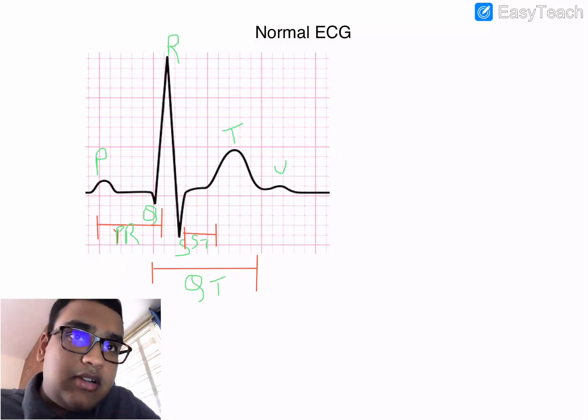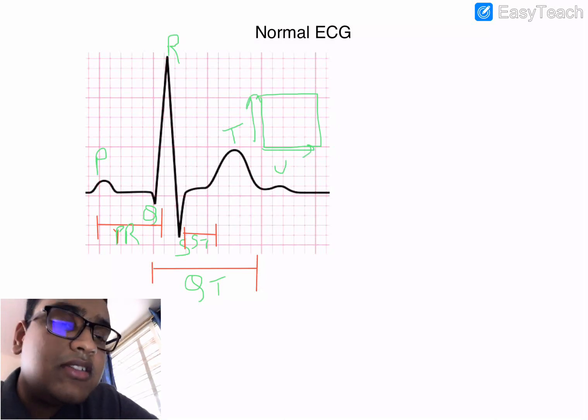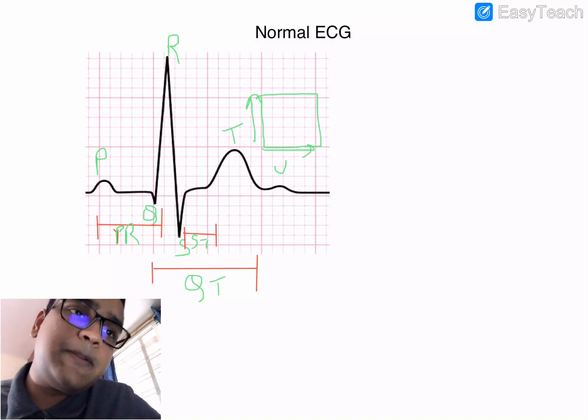Now you should know something about this ECG paper. As you can see here, each big block contains 5 small blocks on the x-axis and 5 small blocks on the y-axis. The x-axis represents time and the y-axis represents the voltage amplitude.